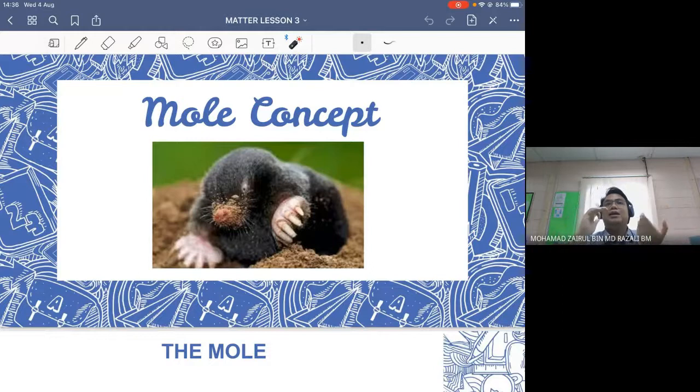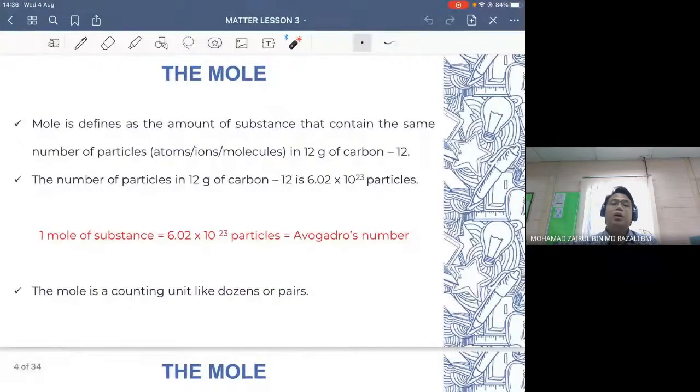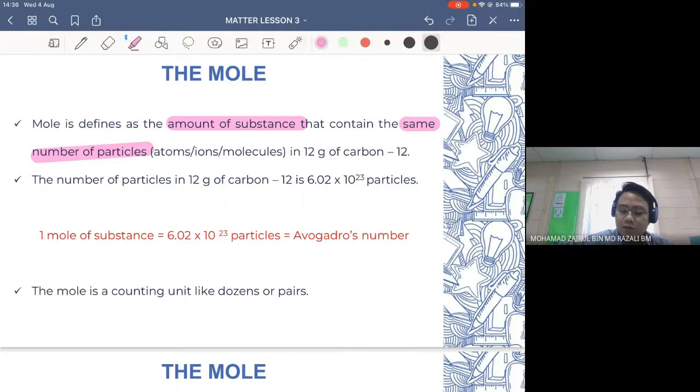So awak kena mahirkan pasal ratio dan awak kena mahirkan pasal mole lah. Okay, so macam saya cakap tadi, mole is basically defined as the amount of substance that contain the same number of particle in 12 gram of carbon 12.